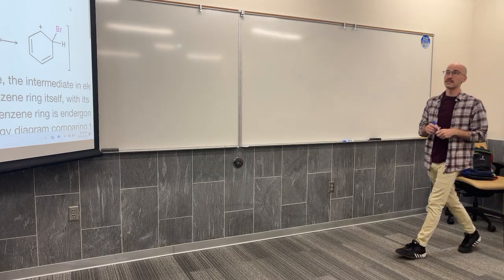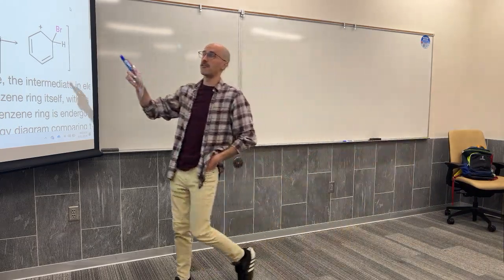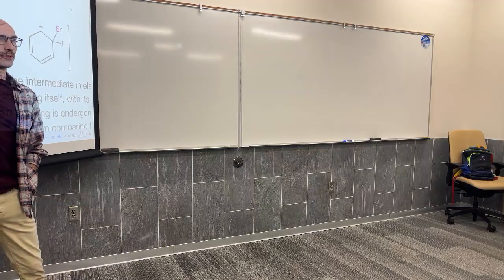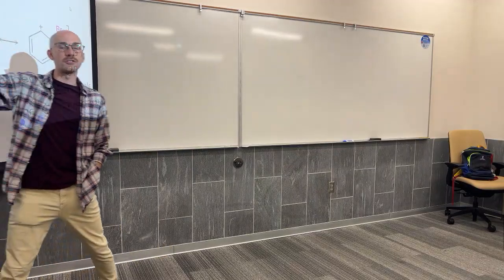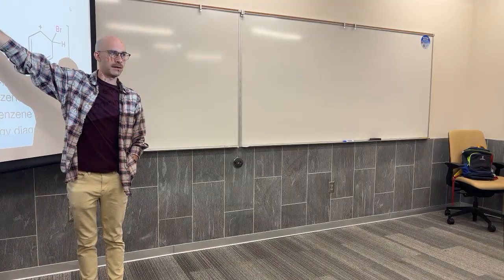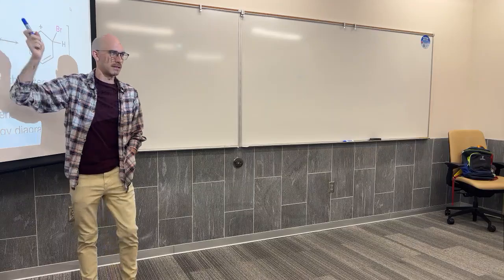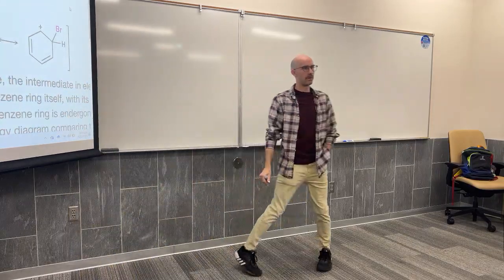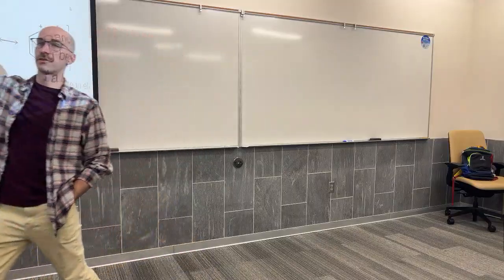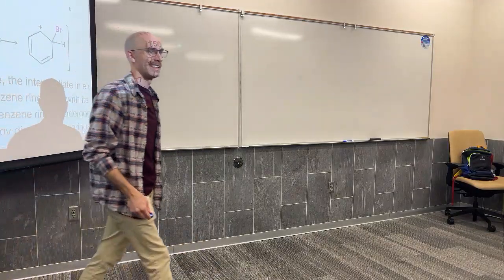What you'll notice is they have no arrow pushing for the reaction between bromine and iron 3 bromide. They just show it being converted to a bromonium ion and an iron 3 bromide complex. And then they say the lone pairs just bond to the bromonium ion.